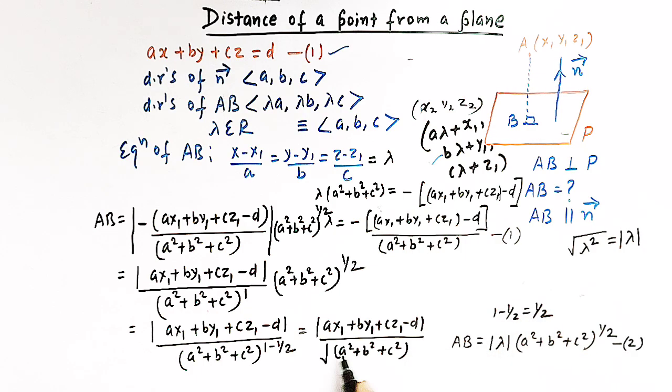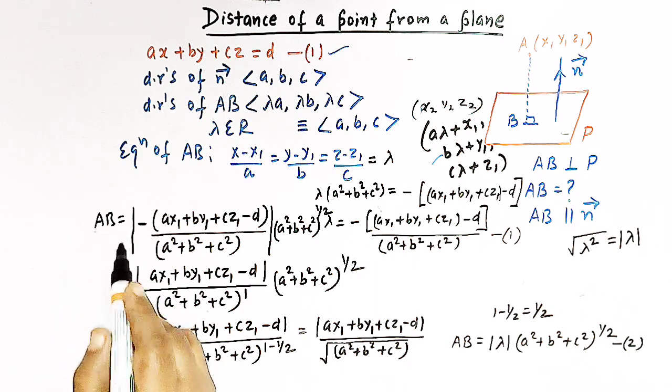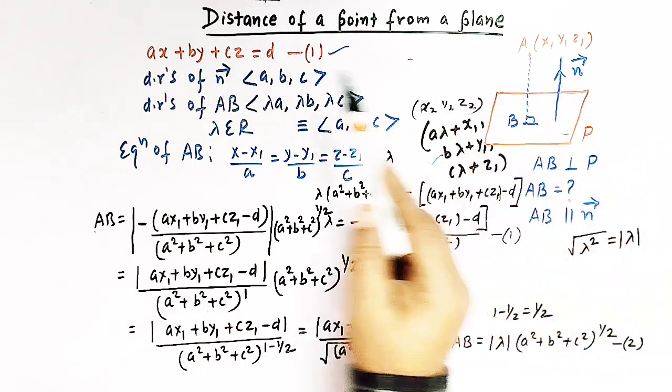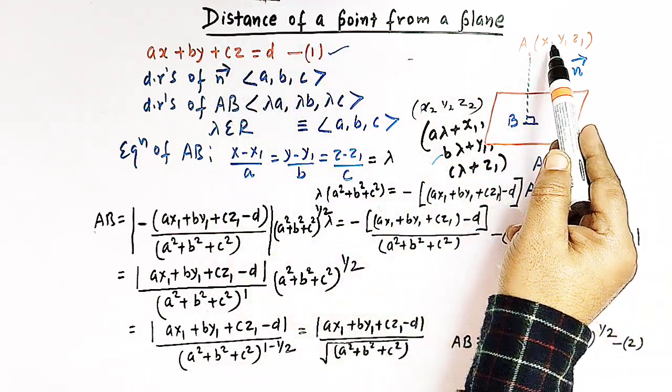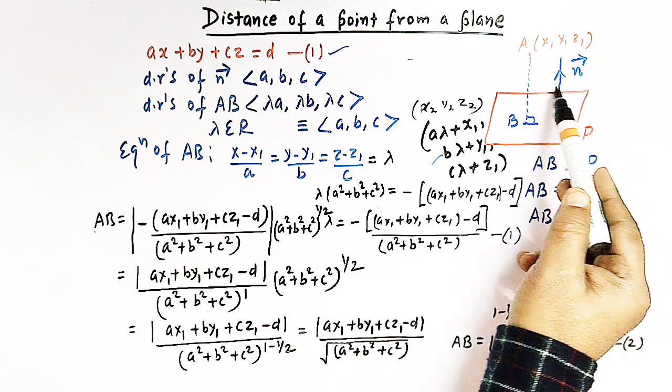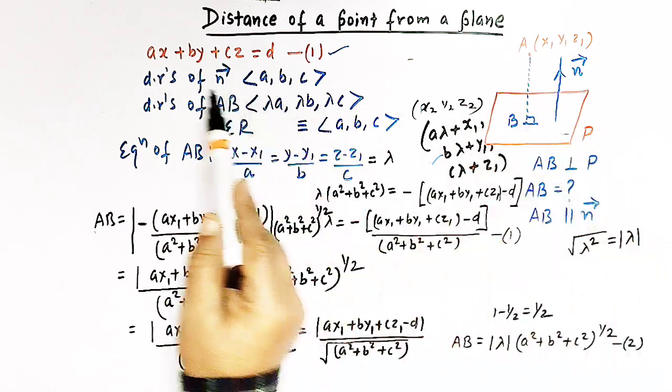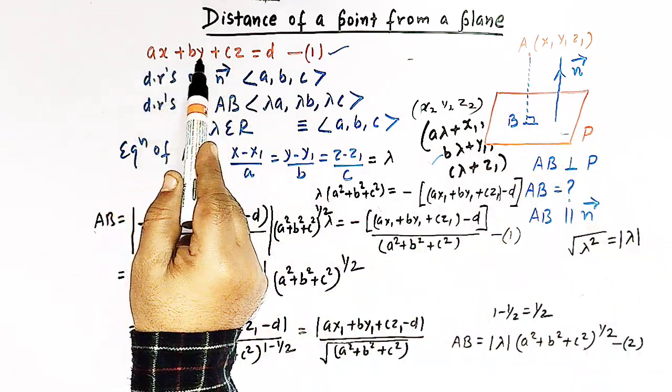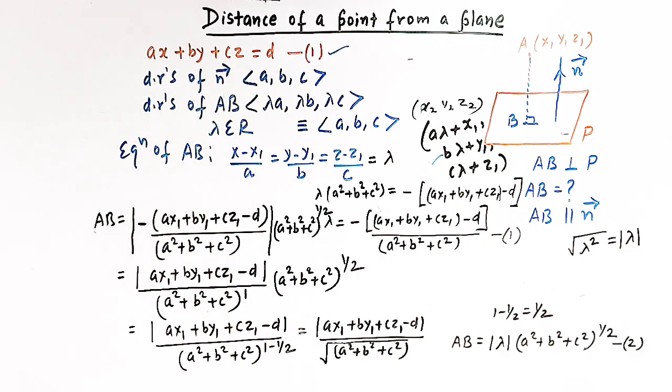So we can now write here the radical sign, that is the square root, right? So this is the required formula for the perpendicular distance of a point x1 y1 z1 from this plane P, whose equation is ax plus by plus cz is equal to d.